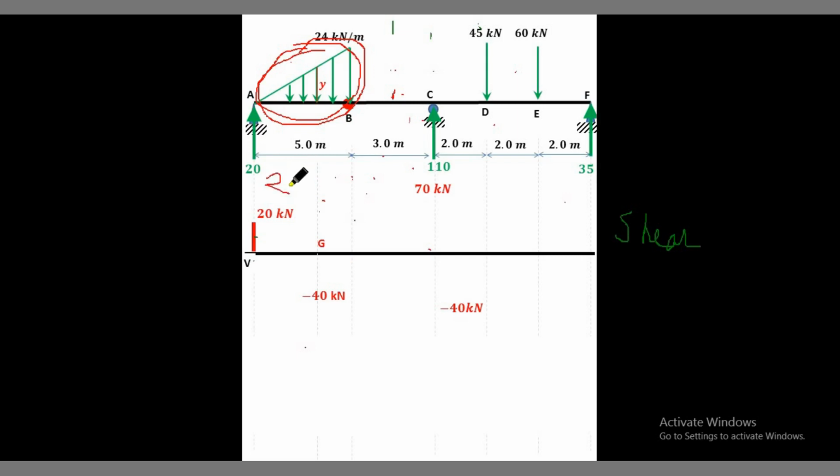Okay. So, tama yung nilagay kong 40 kilonewtons. Positive 20 kasi pataas. Since downwards yung direction ni triangle, so minus. The area of this triangle is tama ka, 60. So, 20 minus 60 is negative 40. Okay?